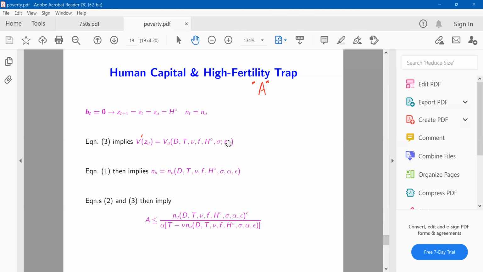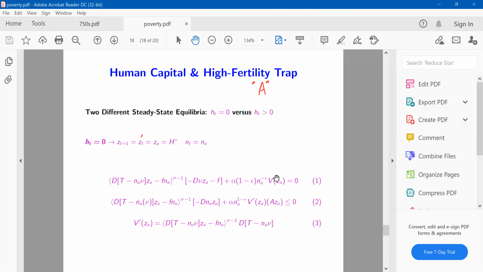So we know this from equation 3. Equation 1 also has an interesting feature because ideally it tells you that fertility does not also depend on A, right? Of course, it will.